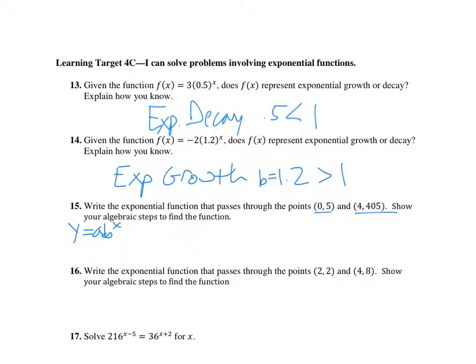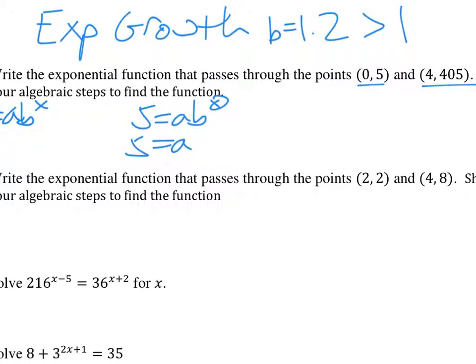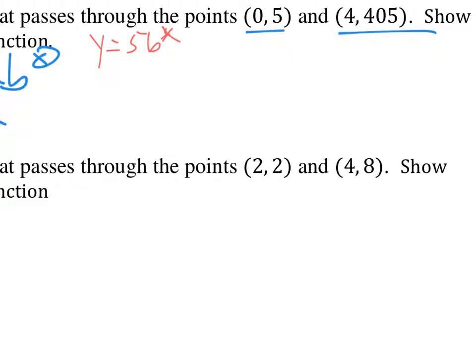So substitute 0 for x and 5 for y, and we get this. b to the 0 is just 1, so a is 5. Now we've got that a is 5, so we can find our b value. So we got y equals 5 b to the x, and let's put 4 in for x and 405 for y.